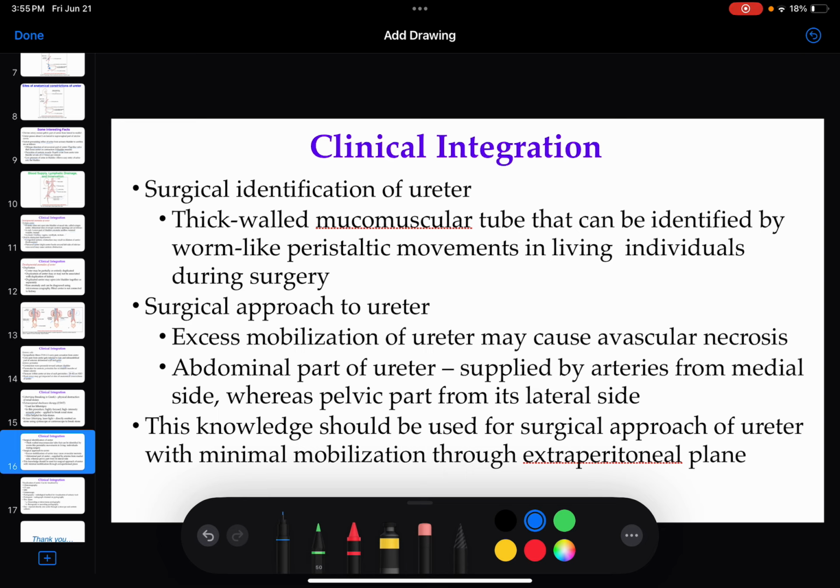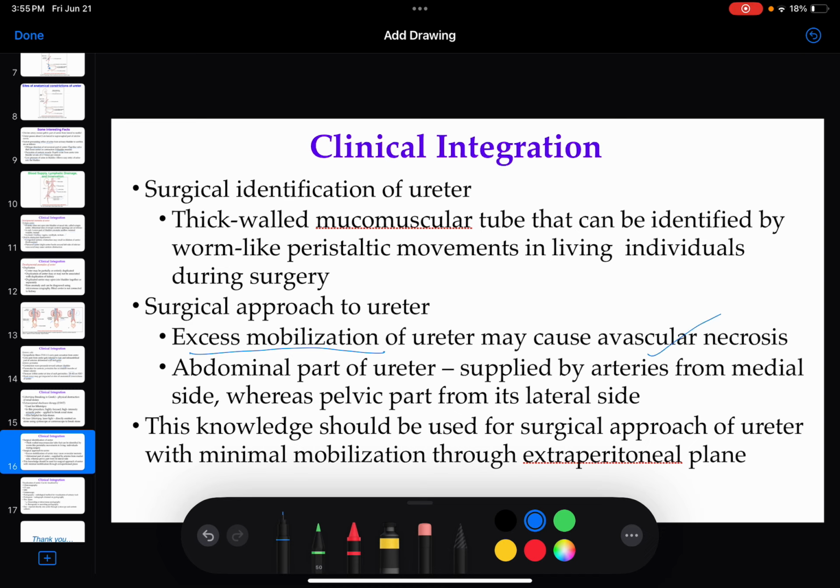Sometimes surgical intervention is also required, and patients may be treated with a surgical approach. During any surgeries, excessive mobilization of the ureter causes avascular necrosis.